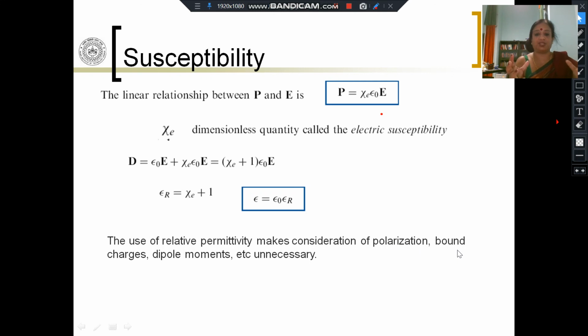The effect of all these things is encapsulated in the concept of polarization and is measured as permittivity. So polarization is accounted for in the permittivity of the medium. So the higher the permittivity of a material, the more polarization will occur. It will be able to store more energy, half epsilon E squared, and it will be better for certain applications.